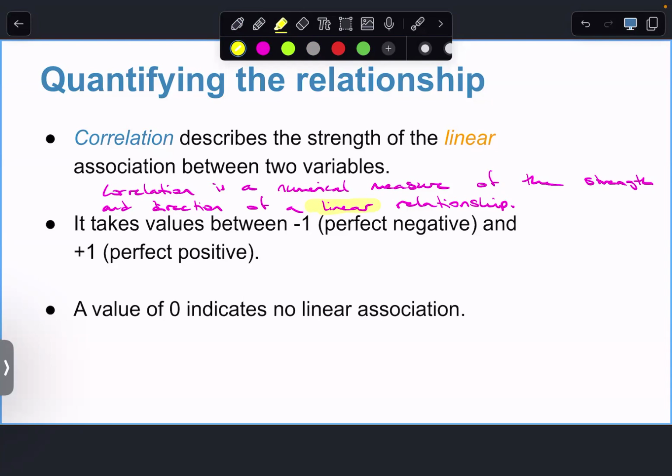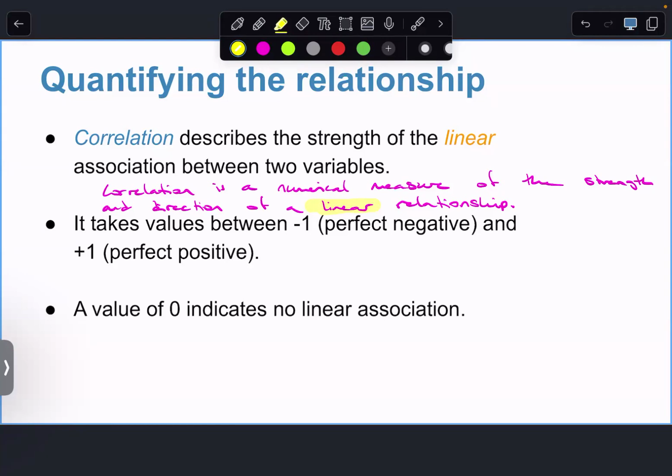This feels similar to a normal distribution, where the numerical measure of the center is the mean, and the numerical measure of spread is the standard deviation. We had a scatter plot, and we said I have to describe this thing. Is it linear? Is it nonlinear? What's the strength? What's the direction?